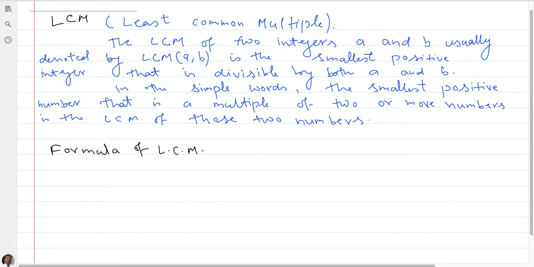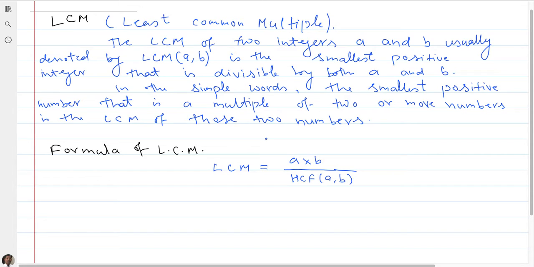LCM can be written as LCM is equal to A multiplied by B divided by the highest common factor of A and B. HCF, you know already, is the highest common factor of A and B, such that the number is divisible by both.